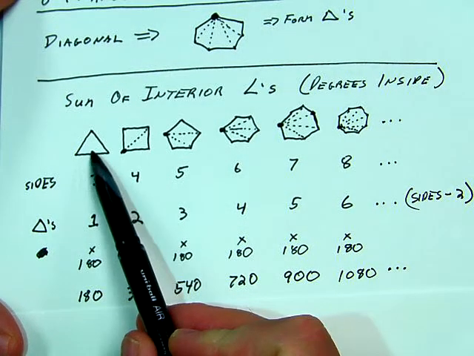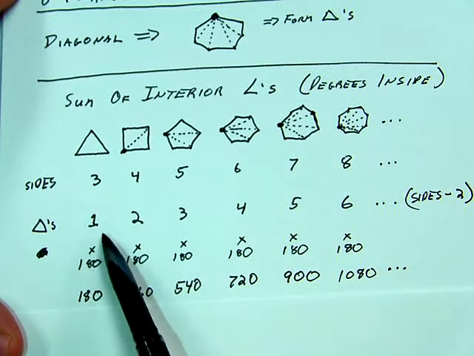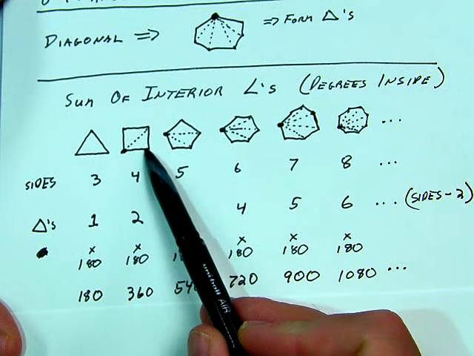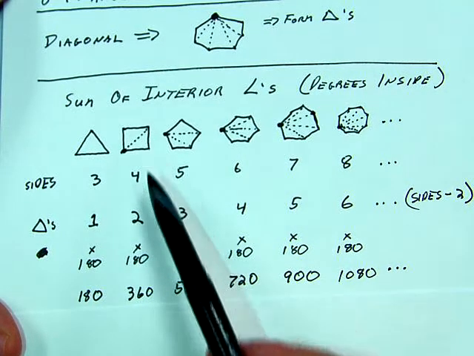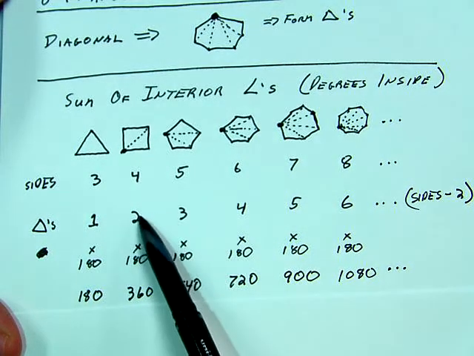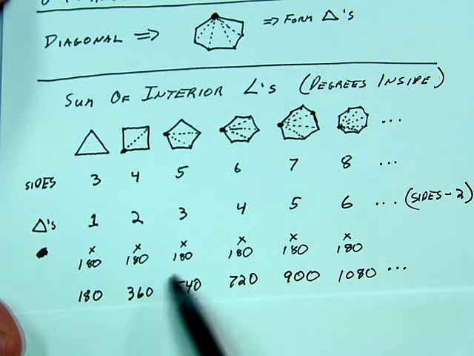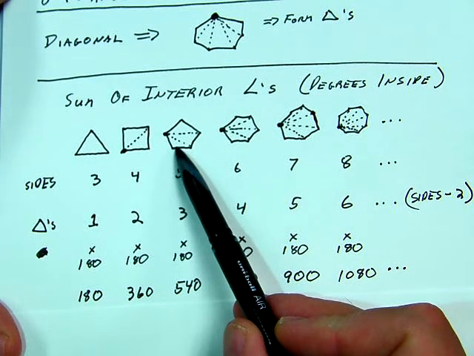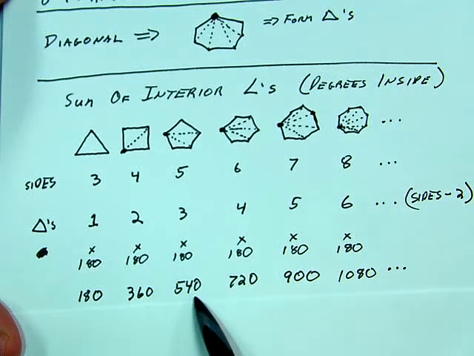For a triangle, there is 1 triangle formed completely, so times 180 is 180 degrees. For a square or a quadrilateral, there are 2 triangles inside this diagonal drawing. So 2 triangles times 180 is 360. A 5-sided figure forms 3 triangles. We get 540, and so on. And this goes on forever.